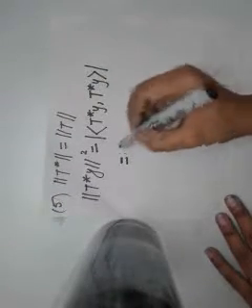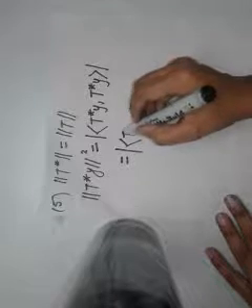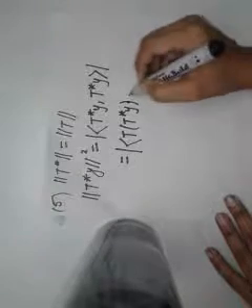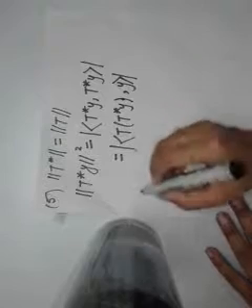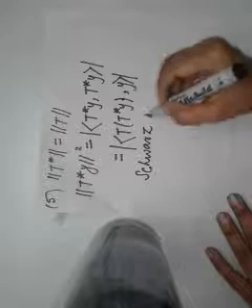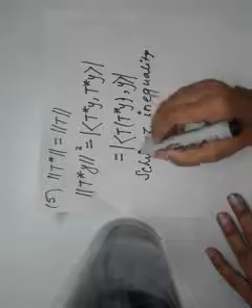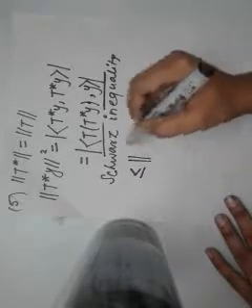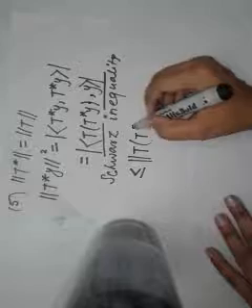Now we can write this as this, and then by applying Cauchy-Schwarz inequality, this will be lesser or equal to norm of T star y into norm y.